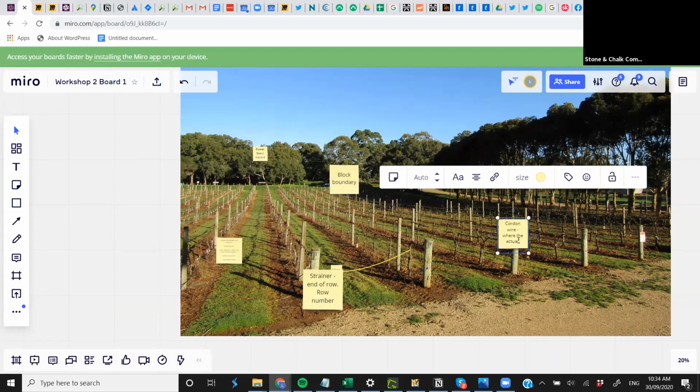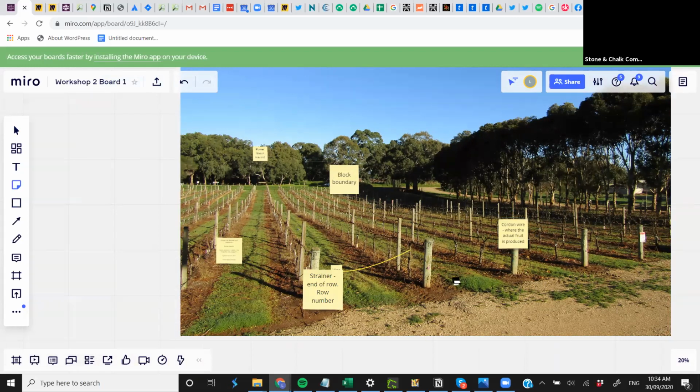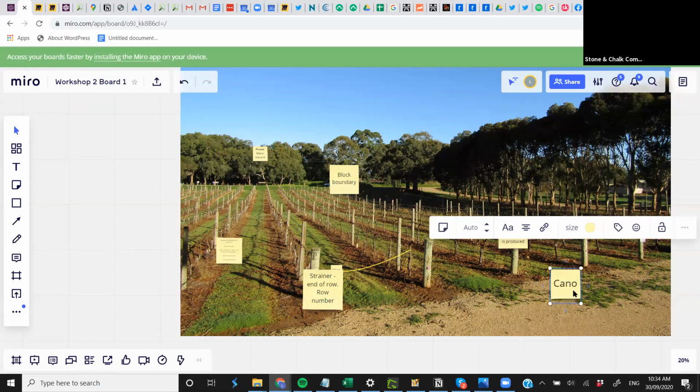When we're looking at doing yield estimation, we really need to know the number of vines that are bearing, so canopy gaps and things like that. If we're talking block, we then need to look at how many vines in that block are actually bearing. To do a yield estimation, we know our vine numbers, so we're not working on that area, we're working on actual productive vines.